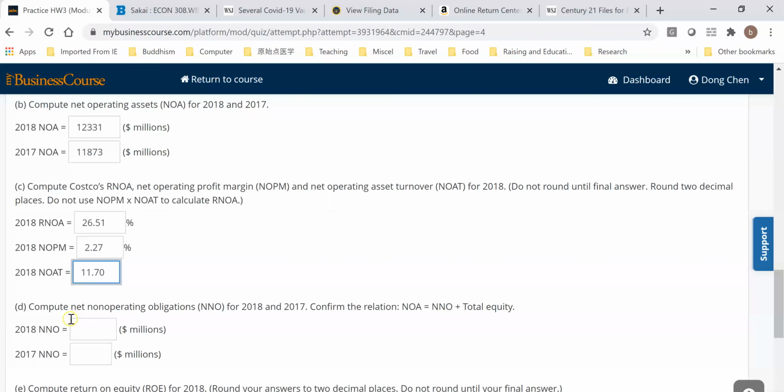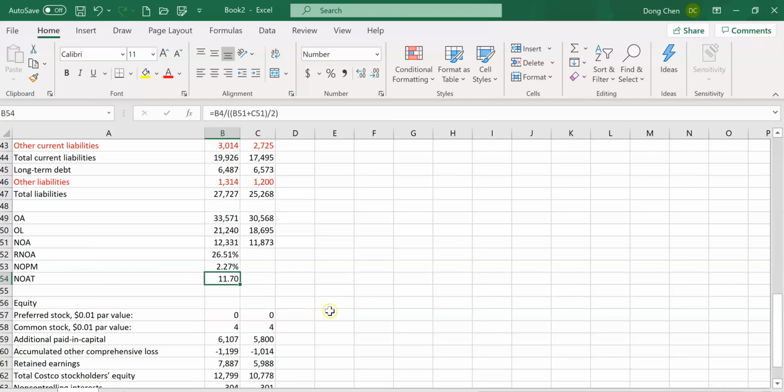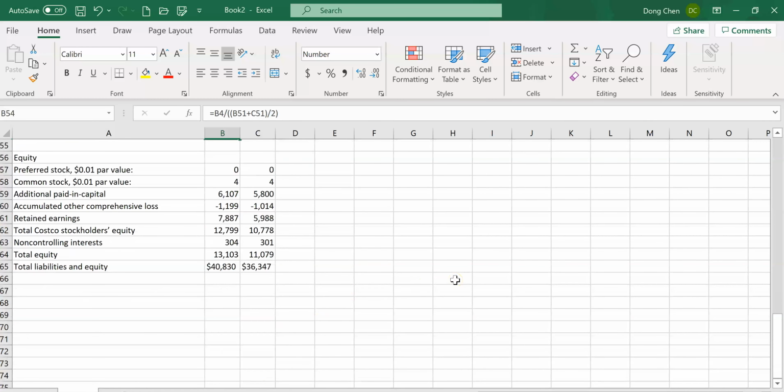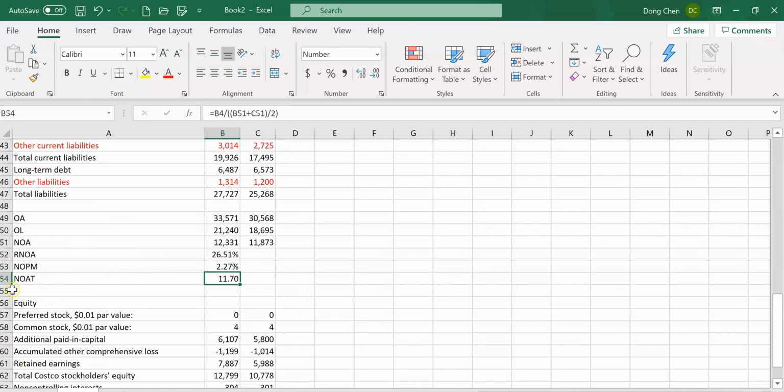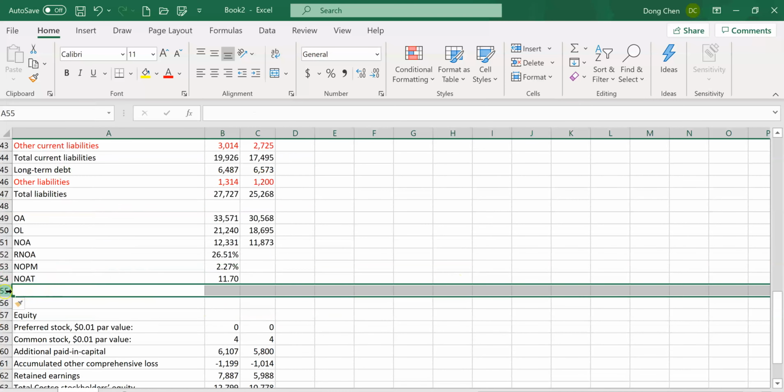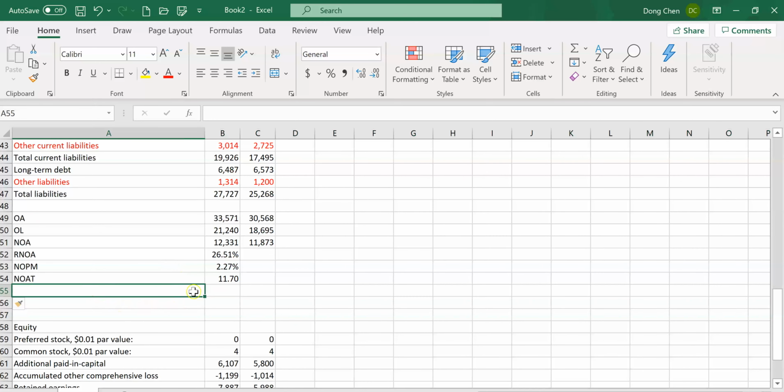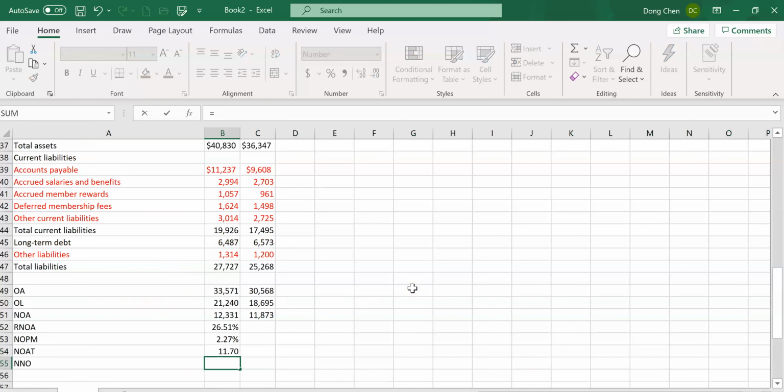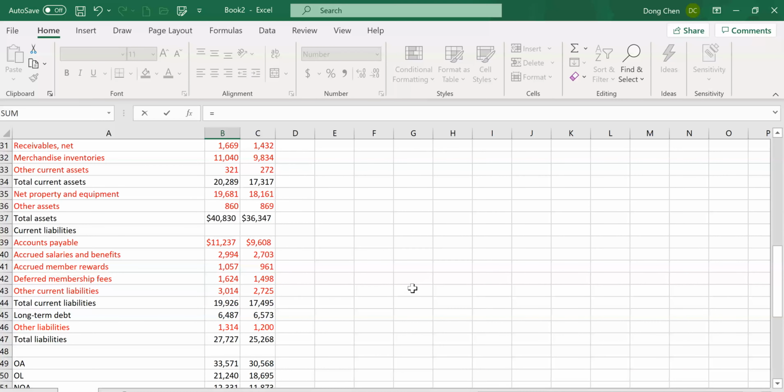Part D, compute net non-operating obligations for 2018 and 2017. Confirm the relation. So NNO is also based on the balance sheet, right? It's based on the non-operating items on the balance sheet. In other words, NNO for 2018 is based on, first we sum up all the liabilities which are non-operation related.